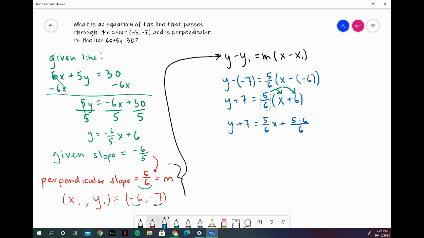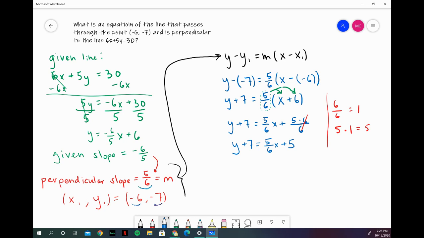But I know that 6 divided by 6 is just 1, and this means that 5 times 1 is just 5. So I'm going to let those 6's cancel each other out, and I'm left with y + 7 is equal to 5/6 x + 5.